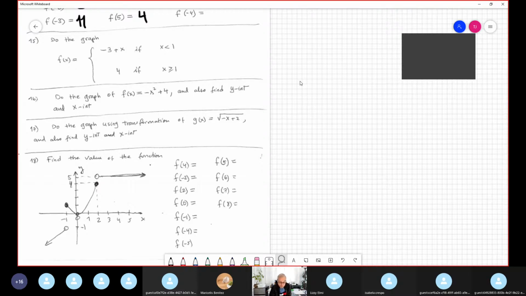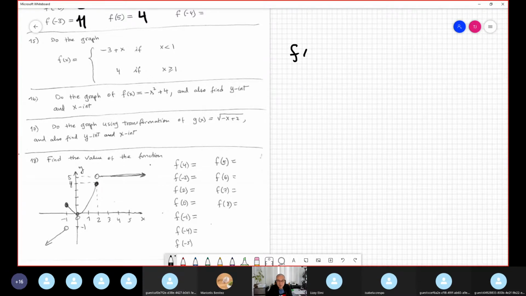Well, before going to decimals, I need to understand two things. Number one, that function is in the family of the parabola. Everyone knows that, right? However, we have two transformations.